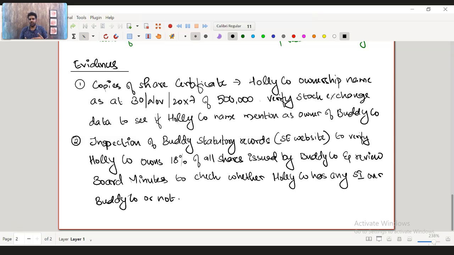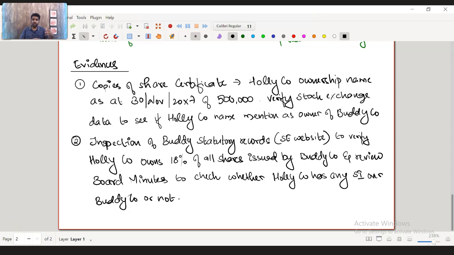And how will you verify that? Through board minutes. If the board minutes of the holding company and of Buddy company sync together, and the board of directors of the holding company are taking certain decisions for Buddy company, then it shows that the board of directors of the holding company have influence over Buddy company.